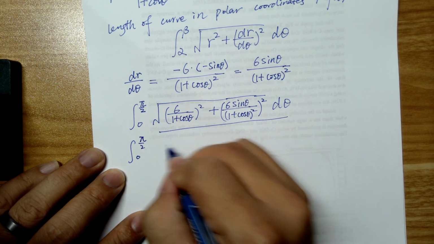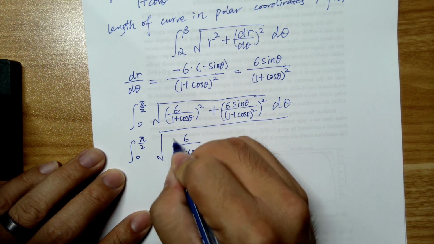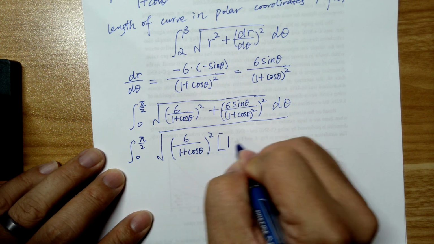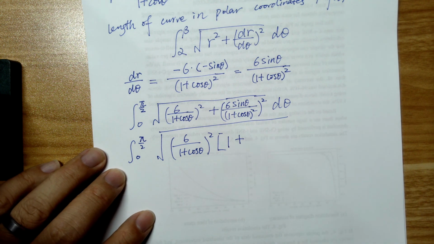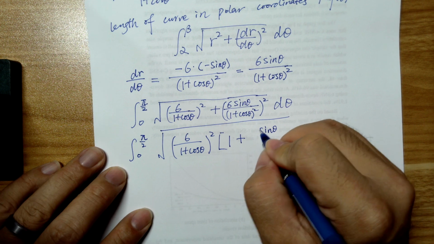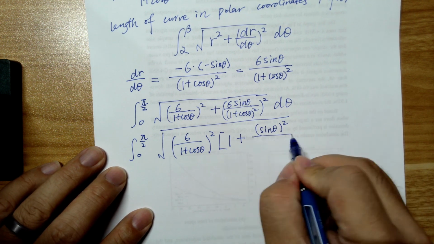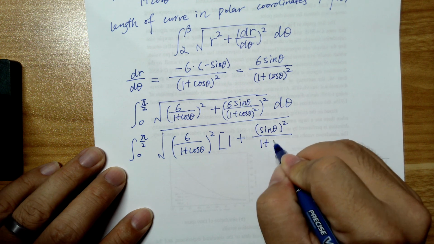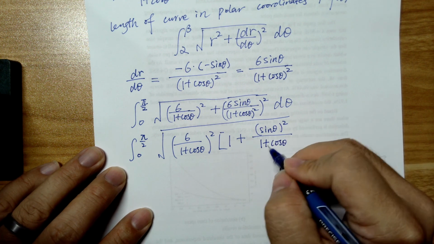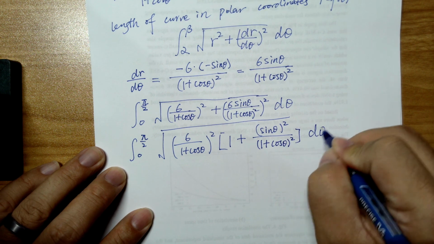So this is what we can get. Squared, we're going to have 1 plus sine squared, because 6 squared is here, and then over 1 plus cosine theta squared. Okay, and then d theta.